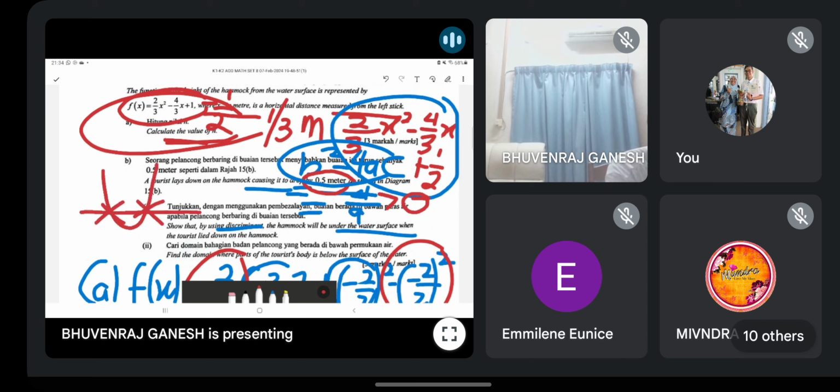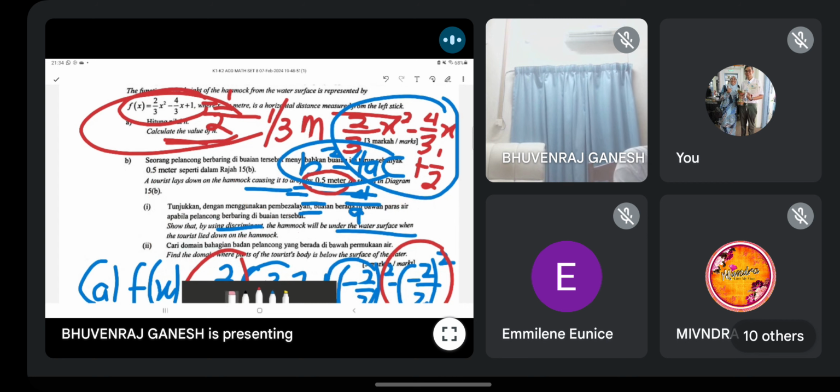Dia akan ada dua puncak. So definitely, dia akan ada permukaan buaian tu dalam air. Because you got two roots. Can you guys understand? If B square minus 4AC equal to 0, there is no buaian under the water. Because minimum point sentuh paksi X. Okay, so this is how you can show lah dia akan berada di bawah air.